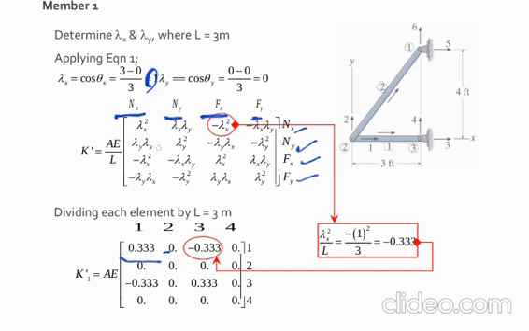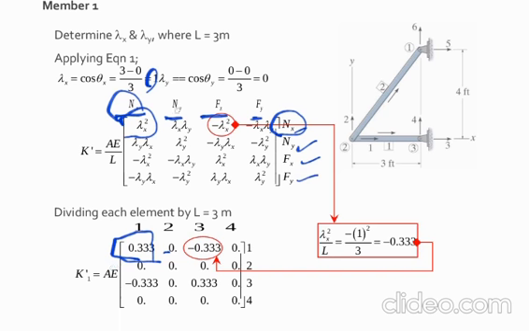So here nx and nx will be equal to lambda x square, and we already calculated it, 0.333.